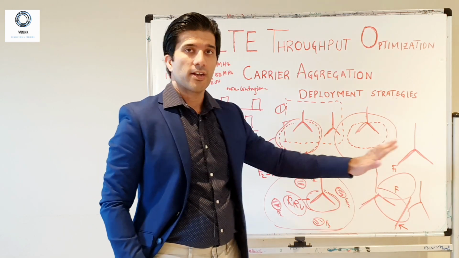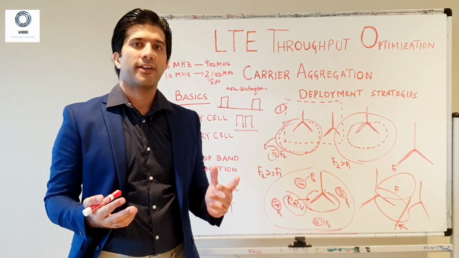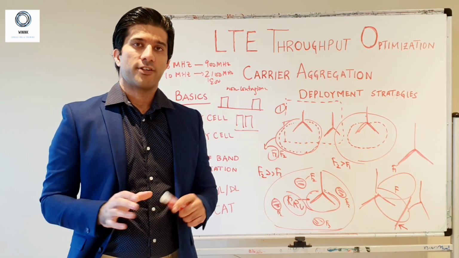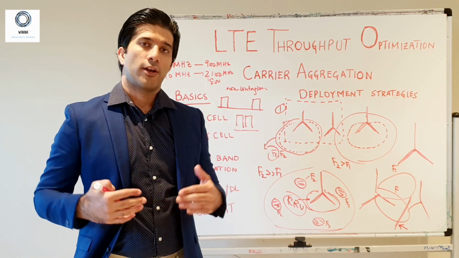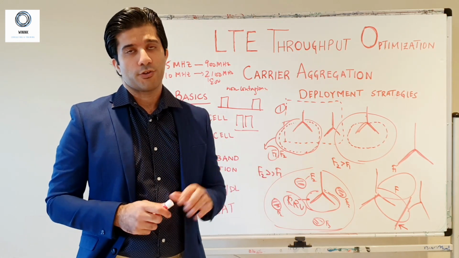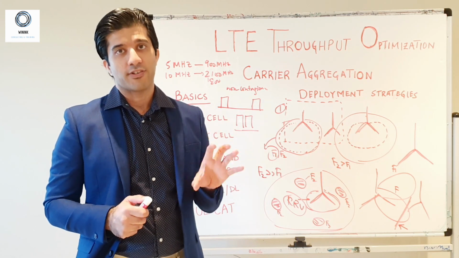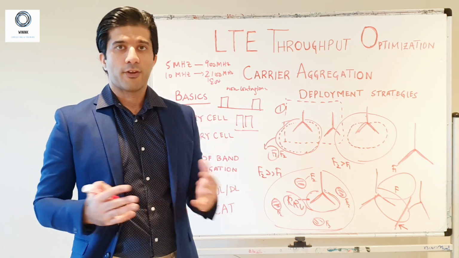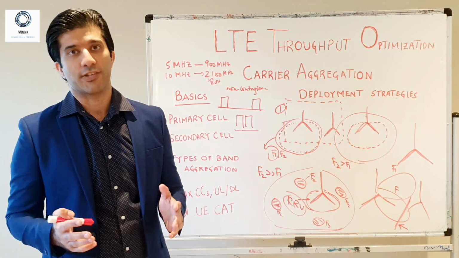Your main primary coverage is in this direction, but you are providing your component carrier to provide increased capacity in your cell edge areas. So in order to improve throughput and capacity on the cell edge areas, you direct the beam or your azimuth from the secondary component carrier towards the cell edges as compared to the other cell, and therefore you can use carrier aggregation to improve performance on the cell edge areas.